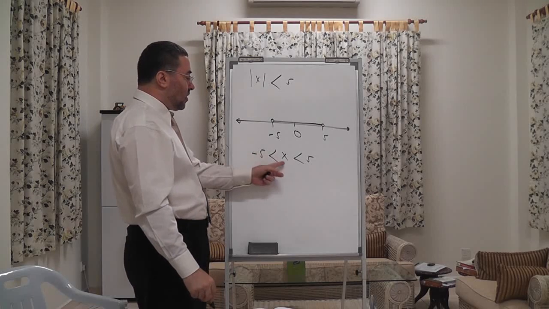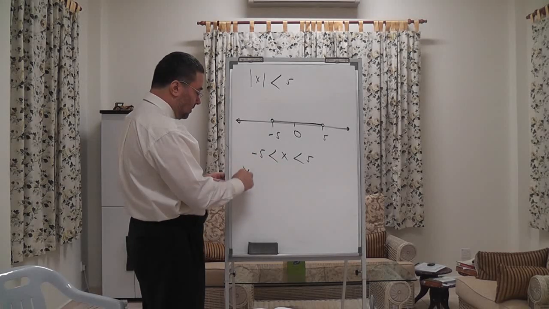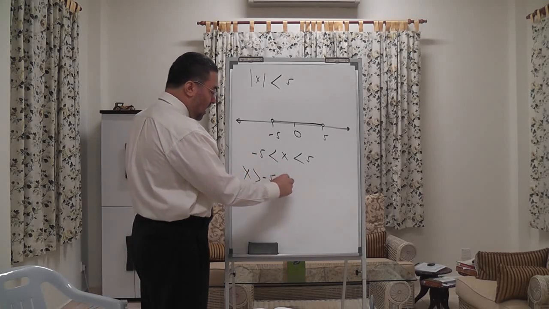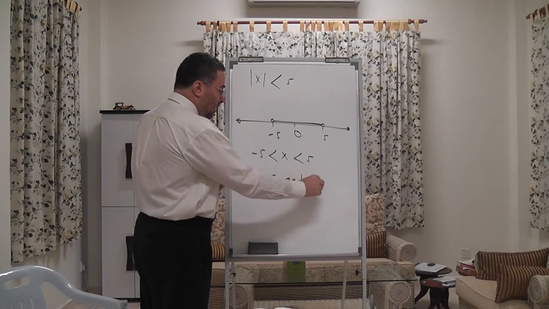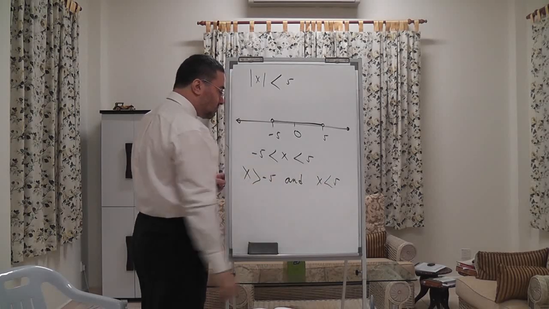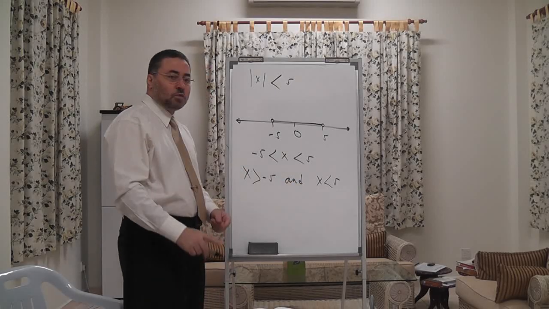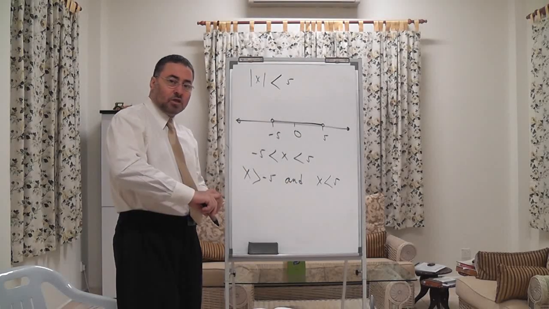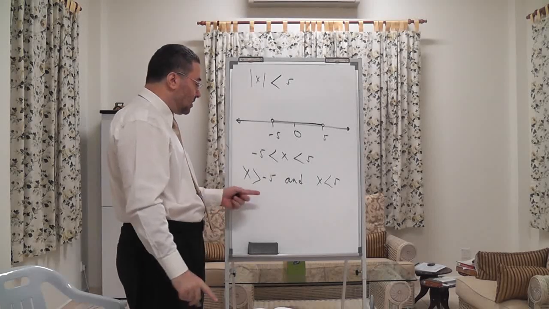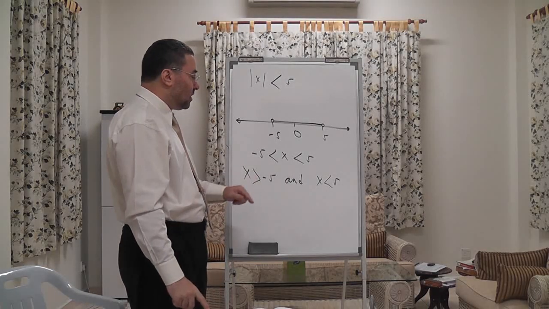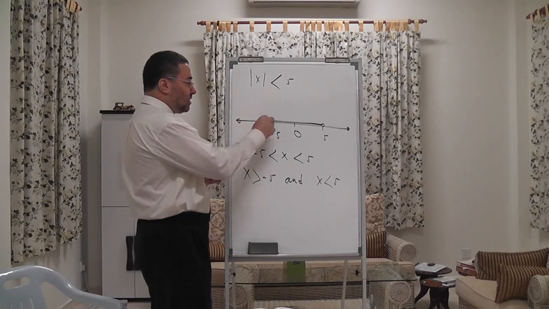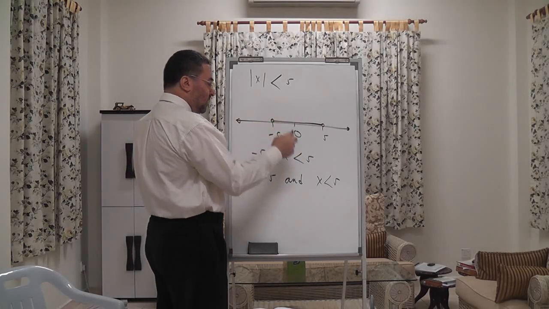And this we can rewrite in this form, x more than -5 and x less than 5. When we solve these two inequalities, we have to get the overlapping region, or overlapping set of numbers, and that would be the solution. In this case, it is obvious that the overlapping set of numbers would be this.